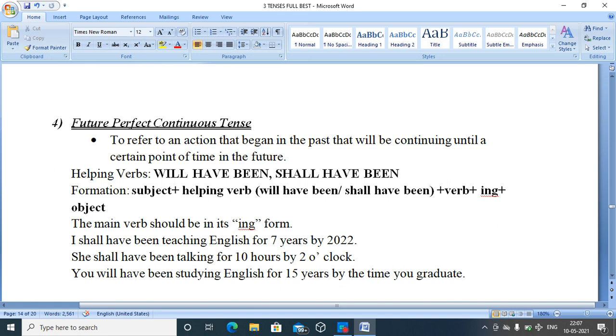Or anything you can refer to using this. Provided that the action has a beginning in the past and has not ended at the time of speaking, otherwise you have to use the other variety, like present perfect continuous. And here it's going on, it's likely to go on in the future as well.